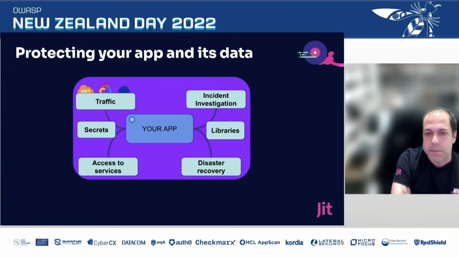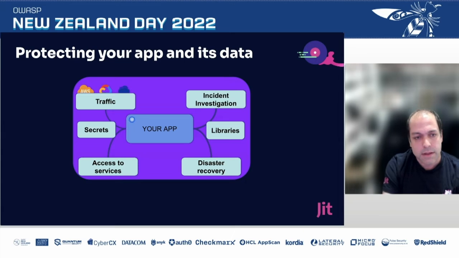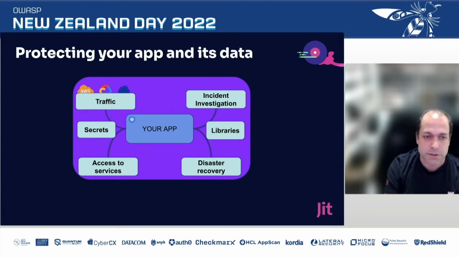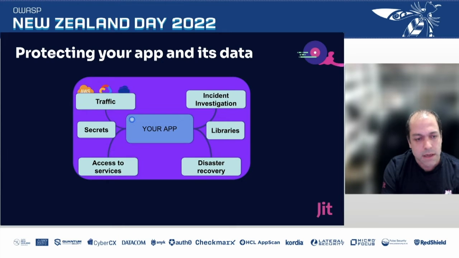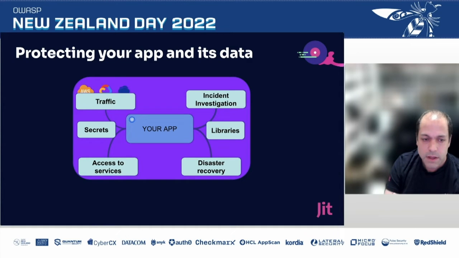If you're thinking about your application itself, there are also a lot of different things that you want to think about inside your cloud providers. So, for example, you want to take a look at your traffic and make sure that it's encrypted. The secrets are also available, and you want to make sure that there is no leak there, that the secrets are safe.